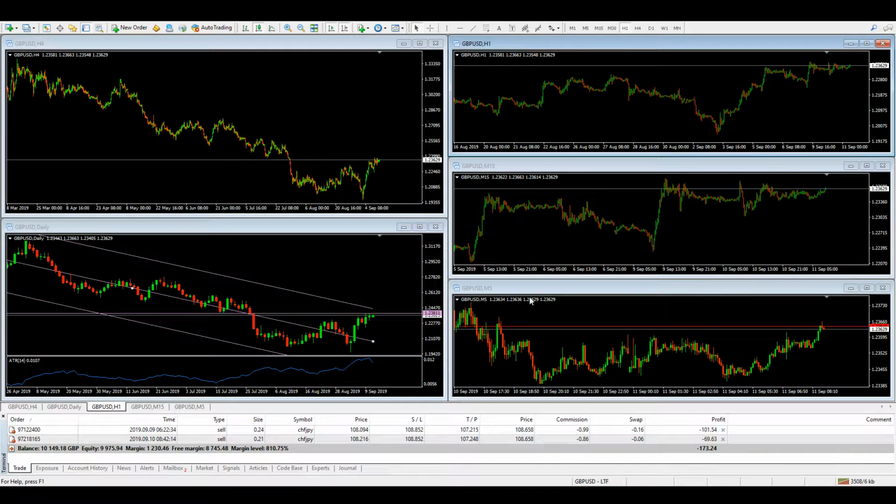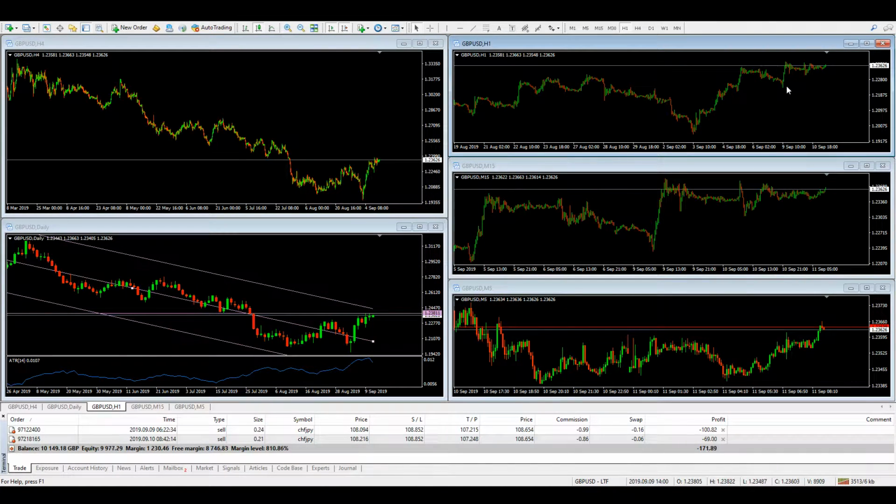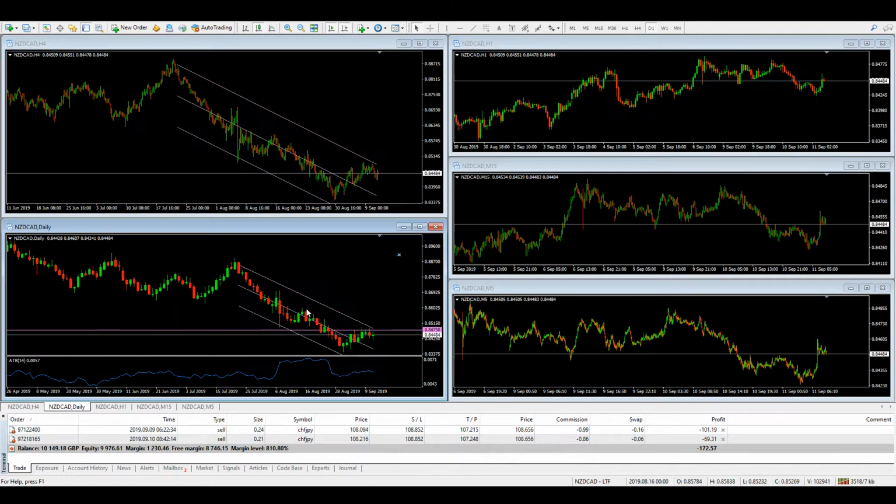Breaks of these previous lows would be good context. So yeah, potential, but not quite ready yet. Oh, this looks good. NZDCAD.